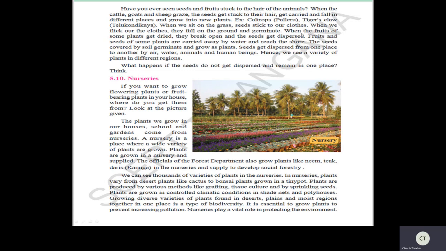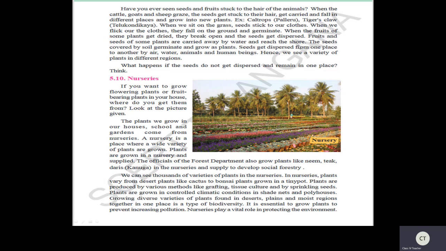Now one more thing: when the fruits of some plants get dried, they break open, right, children? We hear the sound of them bursting. So these seeds get dispersed, and this is how the germination of seeds takes place. And one more thing, the seeds can be carried by water and reach the shore.